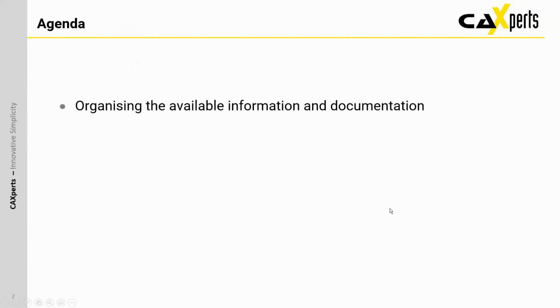So let's have a look straight at the agenda. So how do we start actually creating a digital twin? First of all, we should start organizing the available information documentation. Create an overview of what we have got currently. Then identify the challenges that might stand in the way of creating the digital twin.